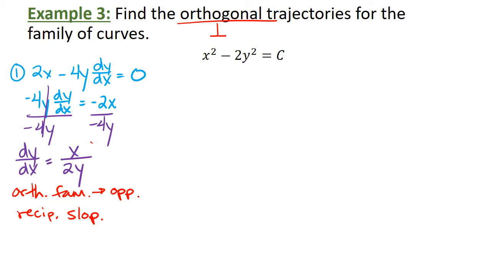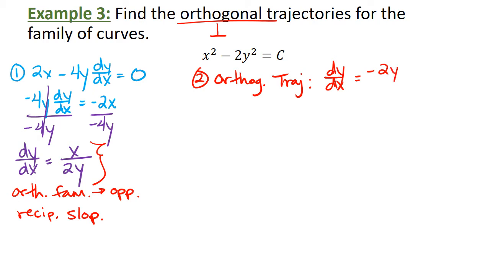So if we know that this is the slope of the orthogonal trajectory then it will be dy dx is equal to negative 2y over x.